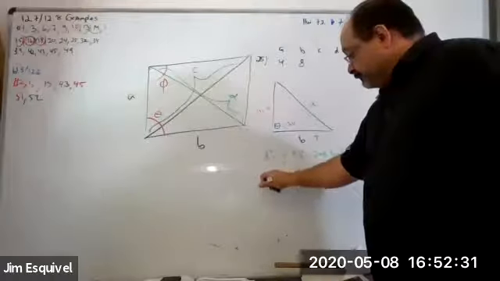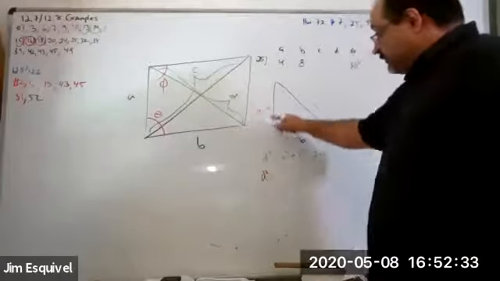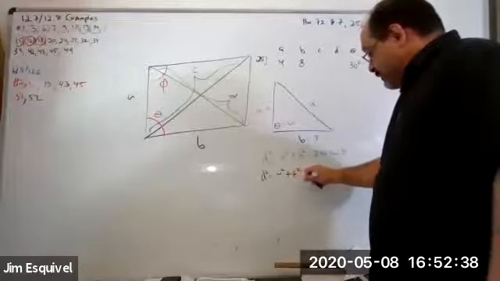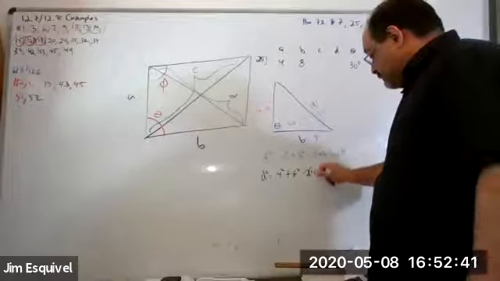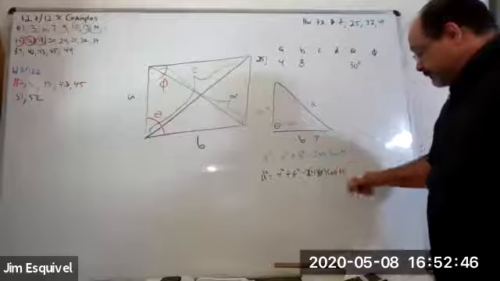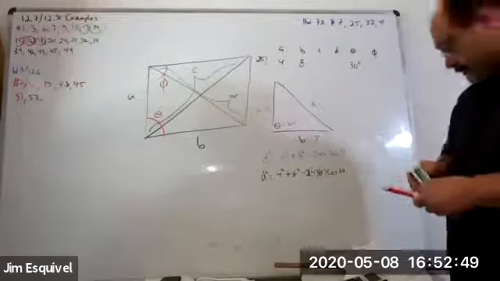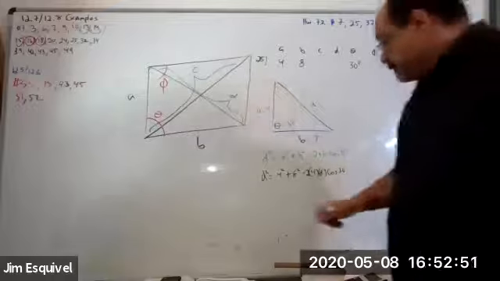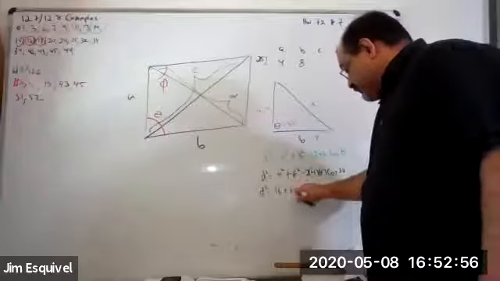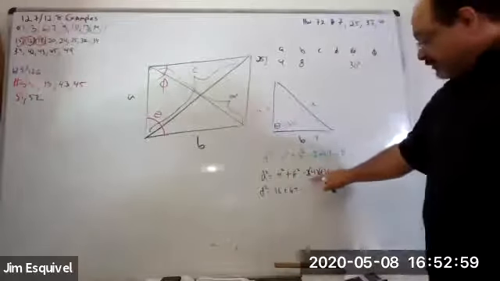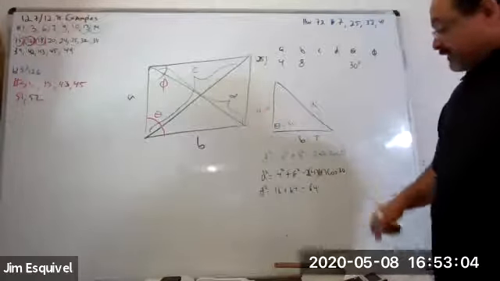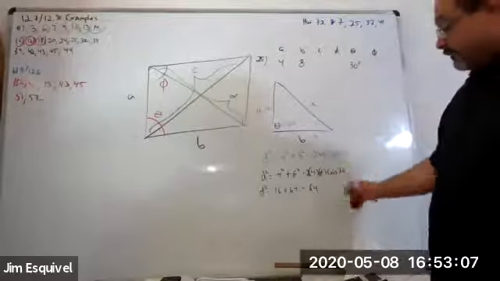So D squared is equal to 4 squared plus 8 squared minus 2 times 4 times 8 times the cosine of 30 degrees. So D squared is 16 plus 64 minus 2 times 4 is 8, 8 times 8 is 64. The cosine of 30 is square root 3 over 2.